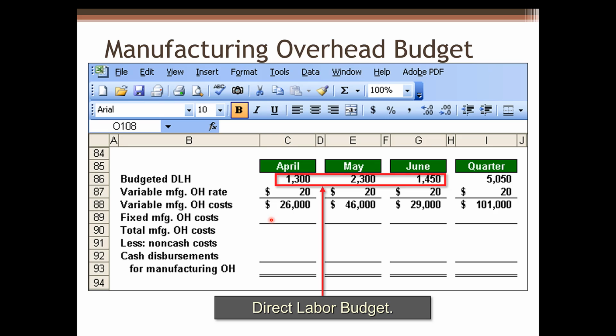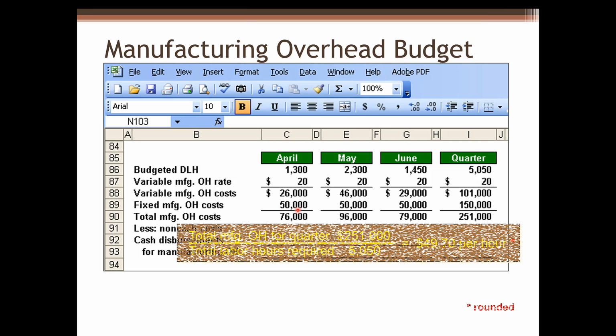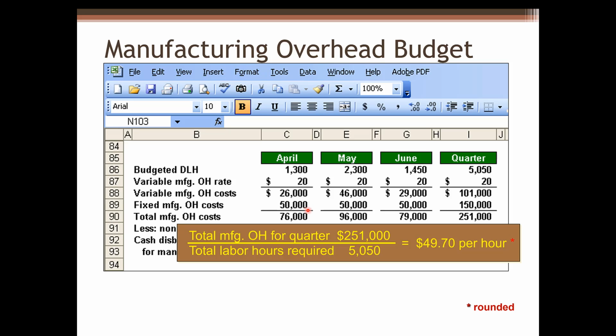Fixed manufacturing overhead costs are $50,000 for each month. We add fixed MO costs to variable MO costs to get total MO costs for each month and for the quarter. Based on the total budgeted MO costs, we can calculate the predetermined overhead rate. Remember the formula? We divide total estimated manufacturing overhead by total level of allocation base.